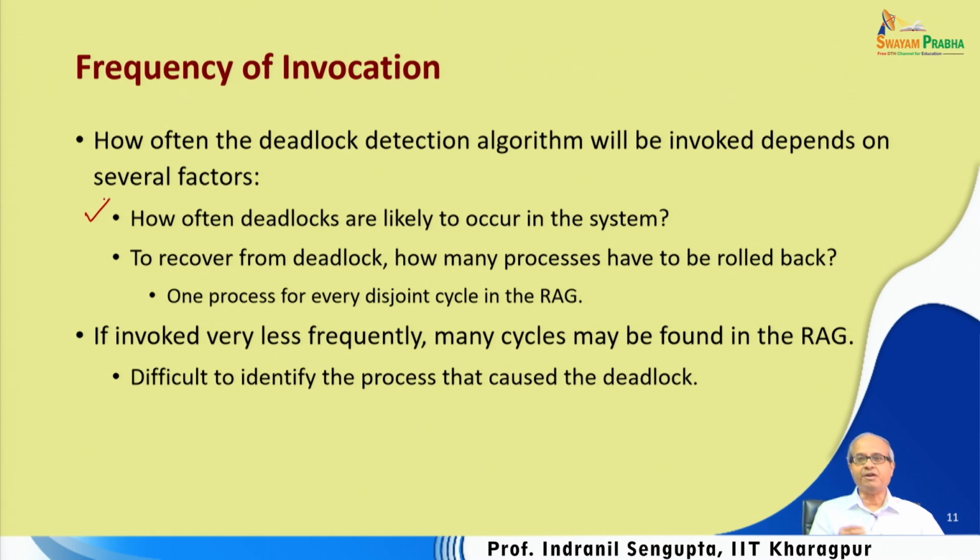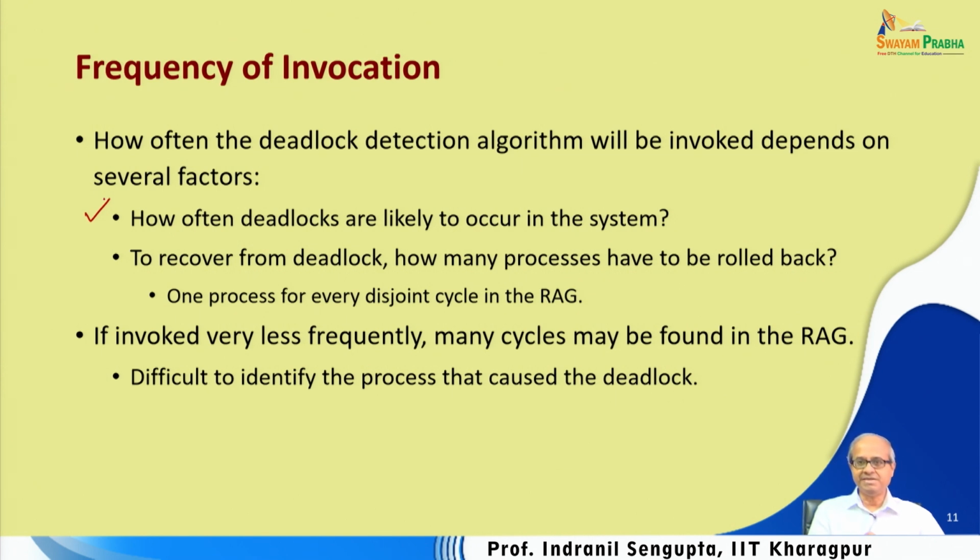If deadlocks happen quite frequently, then you need to call it frequently. But if deadlocks happen once in a day, then why invoke it every minute? Let us invoke it every 1 or 2 hours. That is a trade-off you can make depending on the frequency of real occurrences of deadlock.